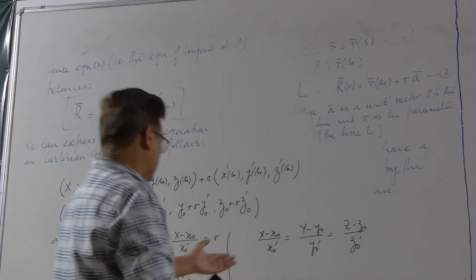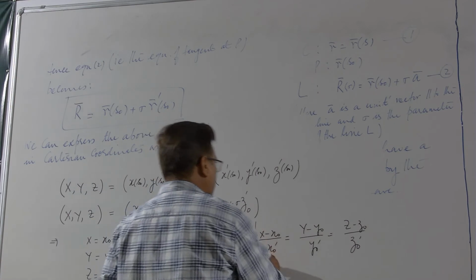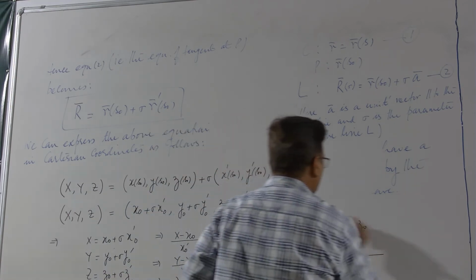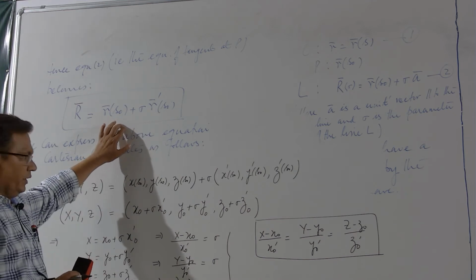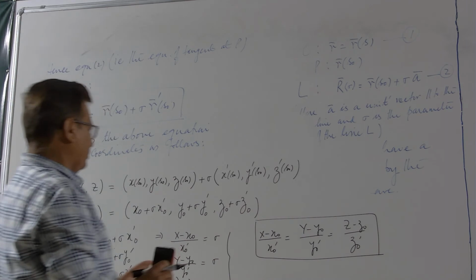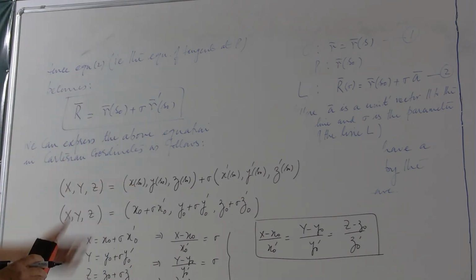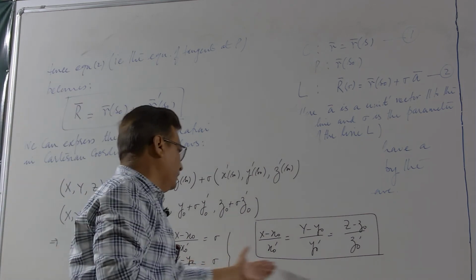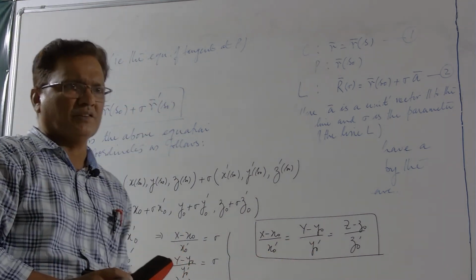Now, this is the Cartesian form of the equation. This is in the vector form, this is in the Cartesian form, both of them represent the same tangent line. So, this is the equation of a line, the denominator represents the direction cosines.